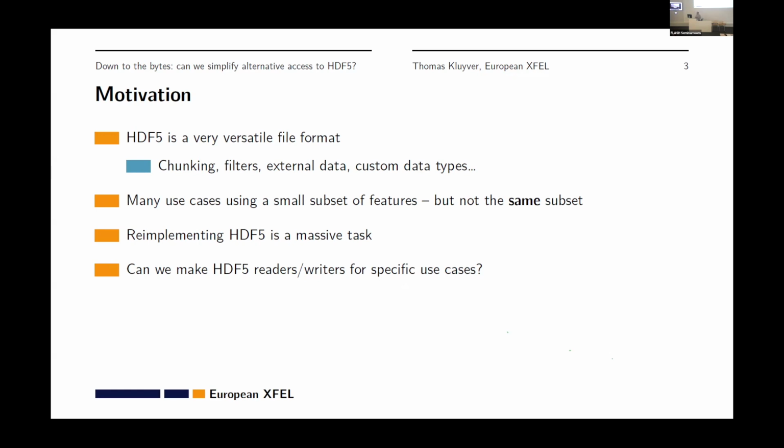And for any given use case, like European XFEL, we're only using a tiny fraction of these possibilities. And I imagine that there's a lot of people in a similar boat, that you have a whole system built around HDF5, but you're really building around just one particular corner of HDF5. And of course, it's not the same corner for all of us.